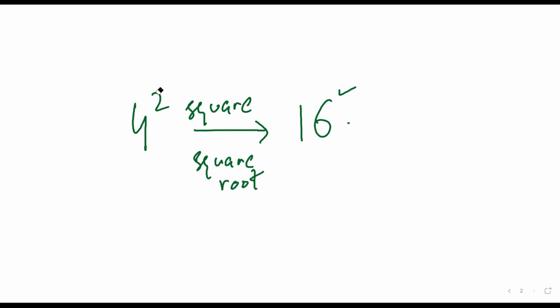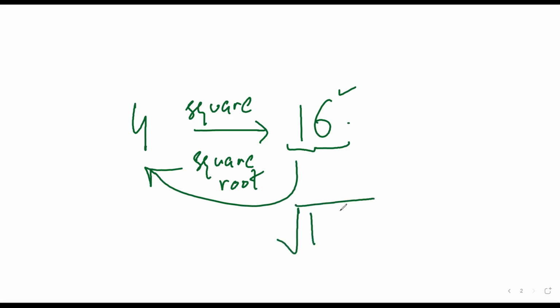If the square of a number is 16, the square root of 16 would be 4. So this would be written as root 16. Square root of 16 is equal to 4.